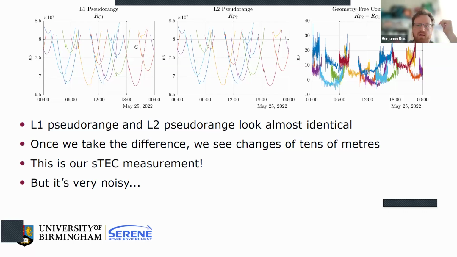Boom, right? They look basically identical, but once we take the difference between these two signals, you're going thousands of kilometers, and the difference between them ends up being something on the scale of a few tens of meters. And this difference of meters is what our slant TEC measurement is. This is how we get information about the ionosphere. But again, it's very noisy. It's shaking around, it's doing all this stuff.